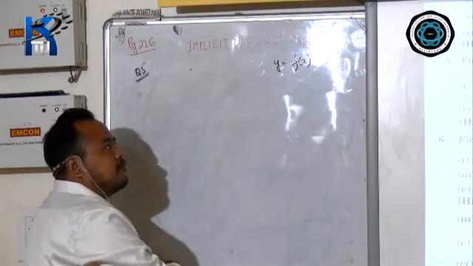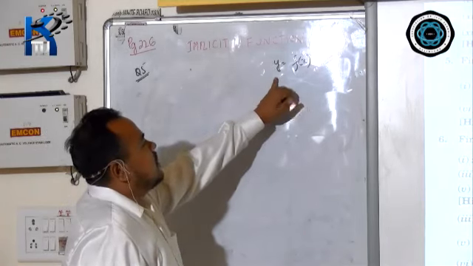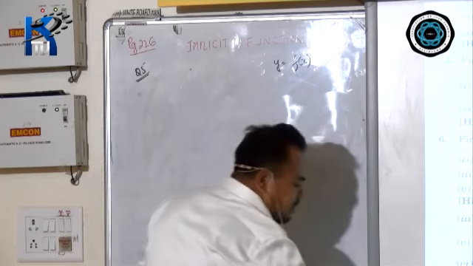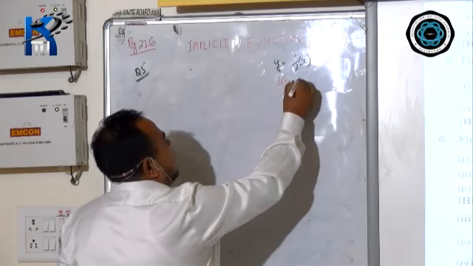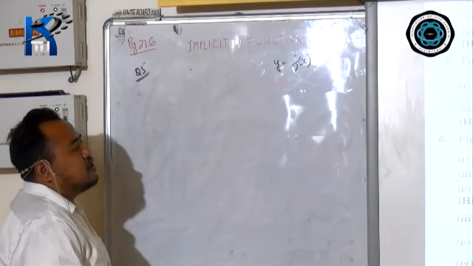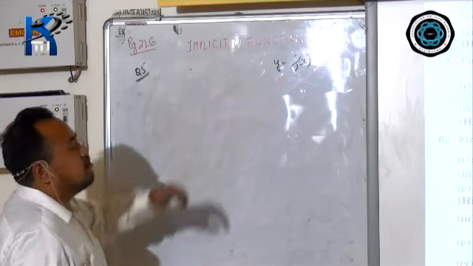That means on the left you have y and on the right you have x. So y is your dependent and x is your independent variable. Now, implicit means both the variables x and y will be together. This is the meaning of an implicit function. So let us solve questions on implicit functions.